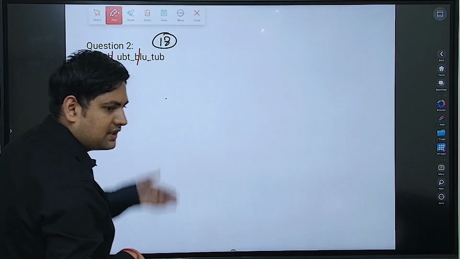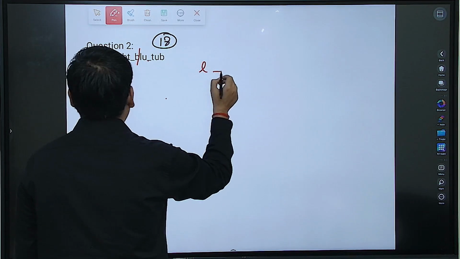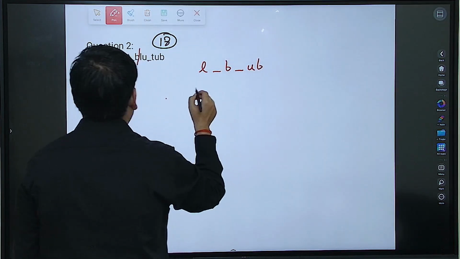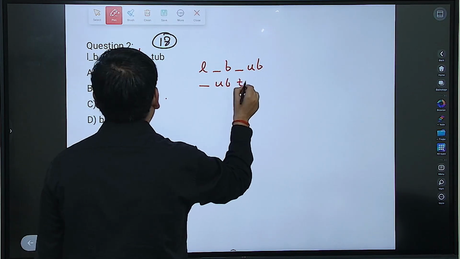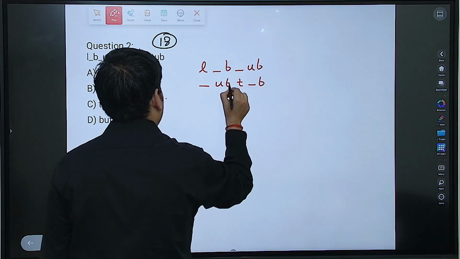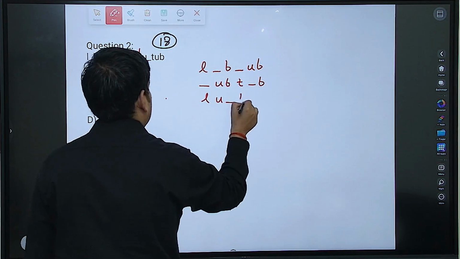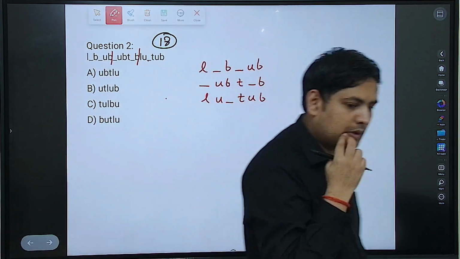Now, let's write them one below the other. So what will it form? L dash B dash U B. Then dash U B T dash B. Then L U dash T U B. Correct? This is the group that is forming.